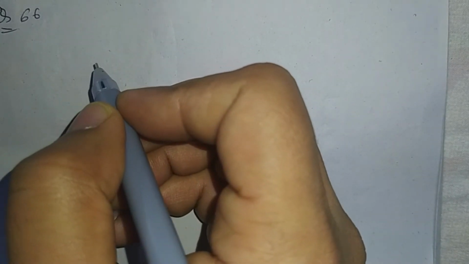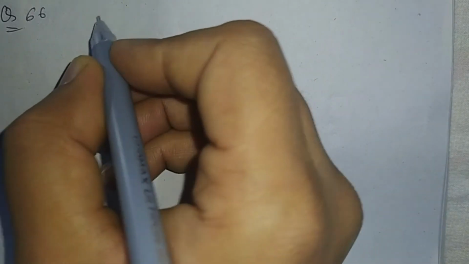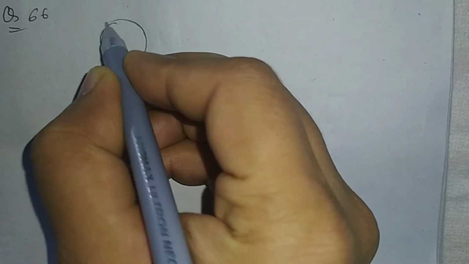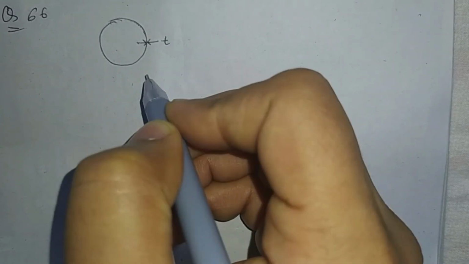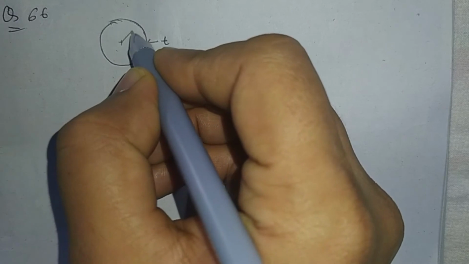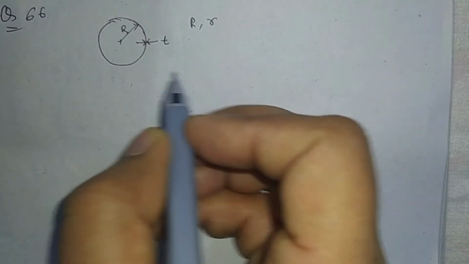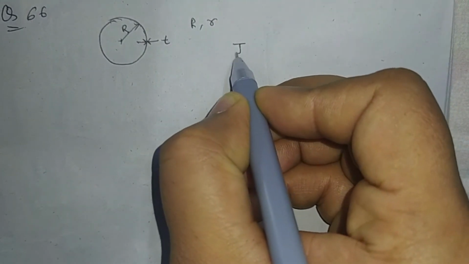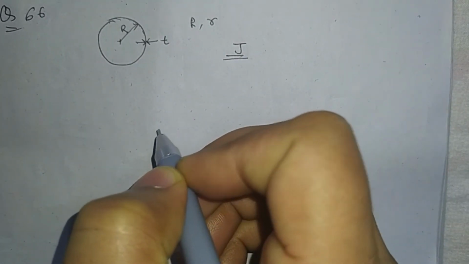Question number 66. We have to find the torsional constant for a thin walled circular section. Let's say this is the circular section having thickness T and mean radius r. We have to find the torsional constant J for this section.